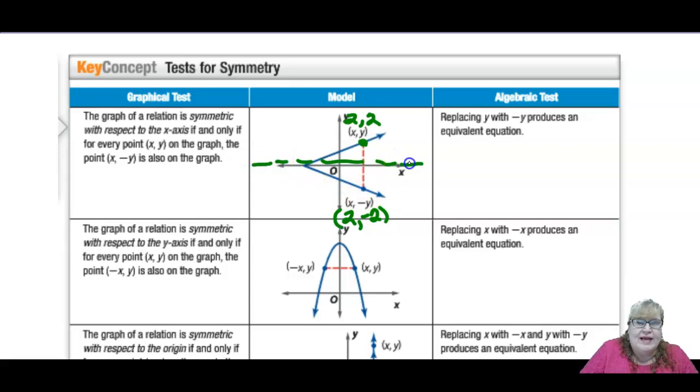So when it has x-axis symmetry, the opposite y value is also on the graph. So if it's symmetric to the x, we can replace the point x, y with the point x, opposite of y, and it will also be on the graph. Algebraically, when we put that in, we replace y with the opposite of y, and everything will cancel out so that we get an equivalent equation.